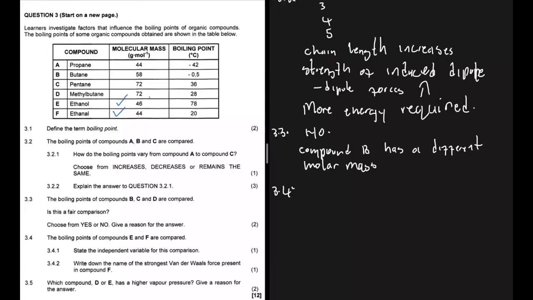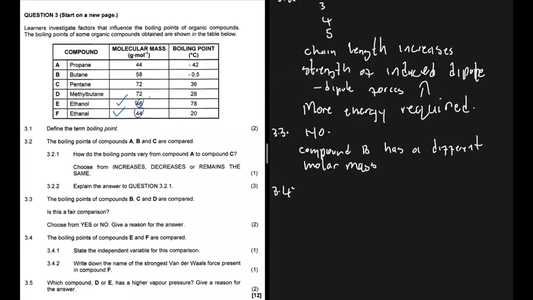So the dependent is what we're looking for, right? In this instance, it will be the boiling point. And now the control is what's kept the same, which is the molecular mass, right? We have 46 and 44. They're not really kept the same, but they're pretty much close to each other.